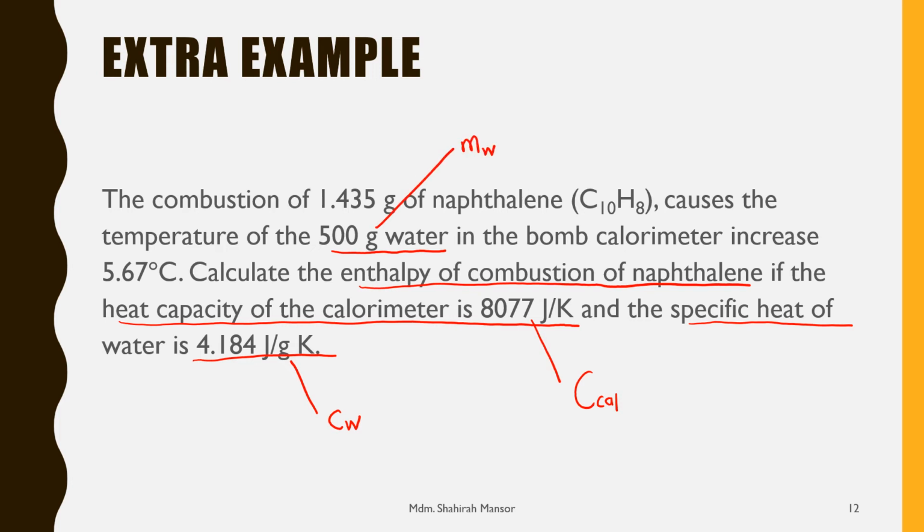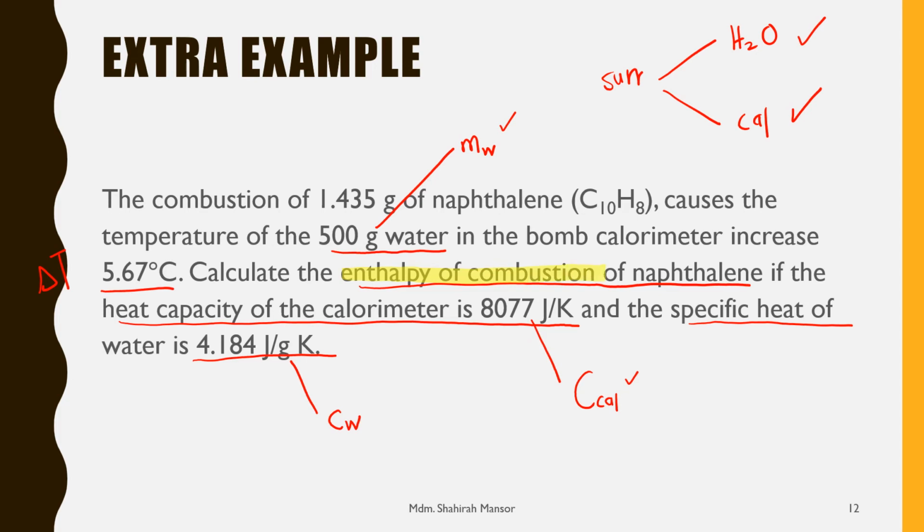So since kita ada info tentang calorimeter dan juga water dalam soalan, so the surrounding kita adalah both water and calorimeter. Okay, so itu info yang kita ada dalam soalan. And not to forget, this is the delta T. And the soalan adalah you have to find the enthalpy of combustion of naphthalene.